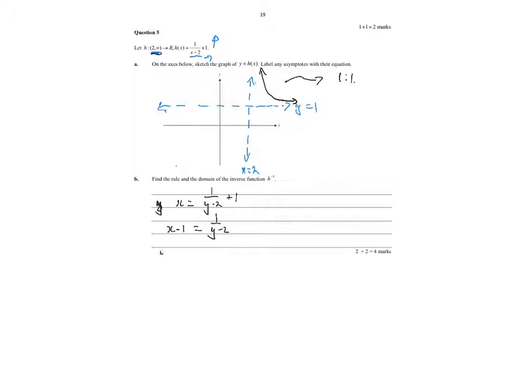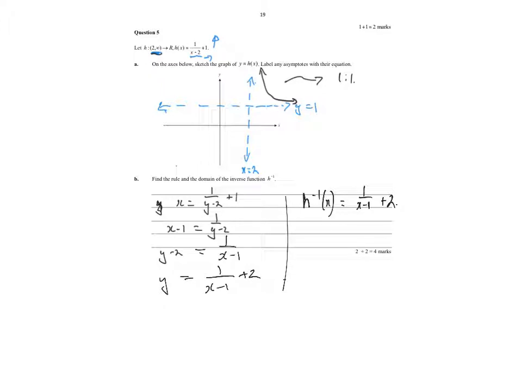Bring y minus 2 is equal to 1 over x minus 1. So then we'll end up with y equals 1 over x minus 1 plus 2. But of course, we need to finish that with h inverse. The x is probably optional. 1 over x minus 1 plus 2.